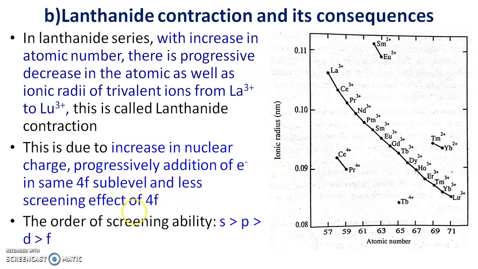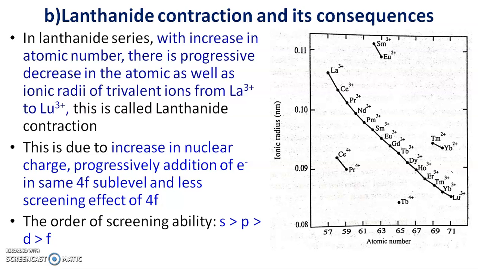If the screening effect is more, then between the protons and the outermost electrons there will be a shield or screen which decreases the force of attraction between the protons present in the nucleus and the outermost electron.